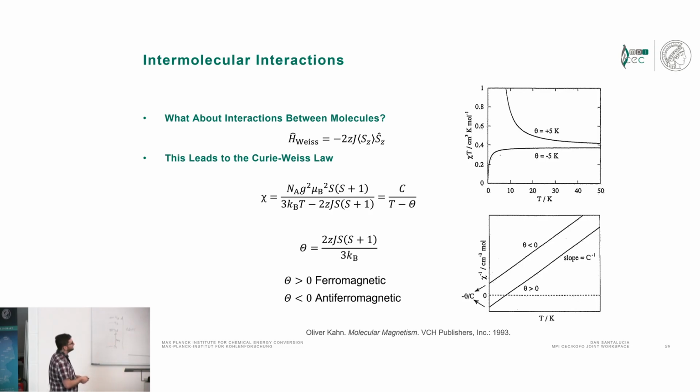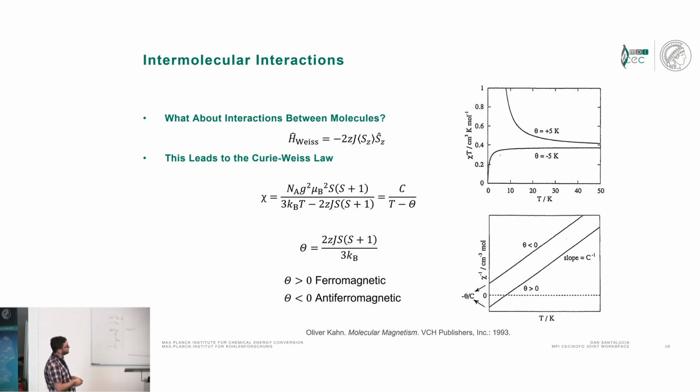And often, the way people actually model this is to look at 1 over chi, yet another plot. That's called a Curie plot. So the slope is the inverse of the Curie constant, and then the x-intercept is actually going to tell you what the Weiss constant is in your system. So if you have no intermolecular coupling, it should go to 0.